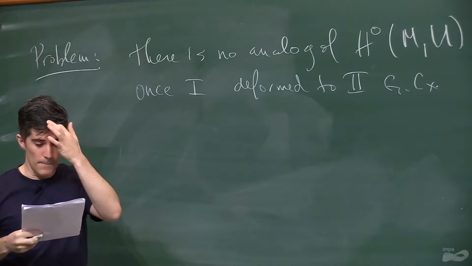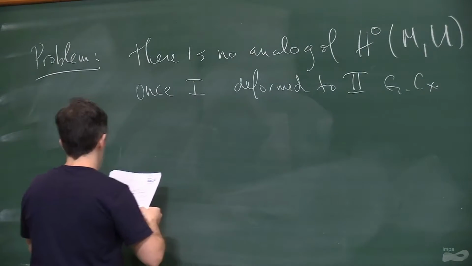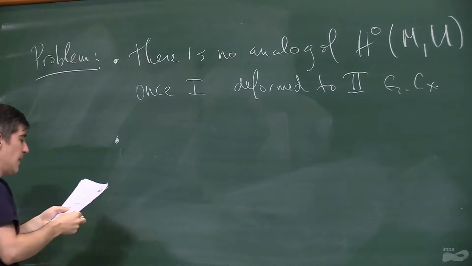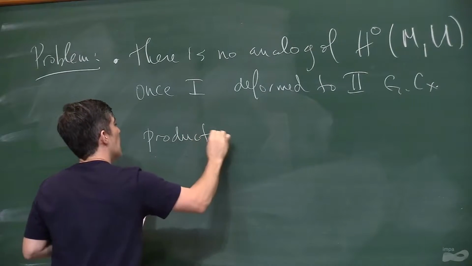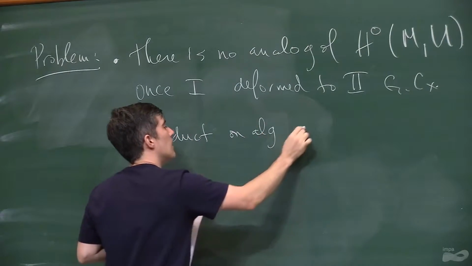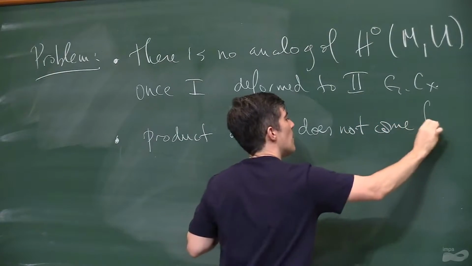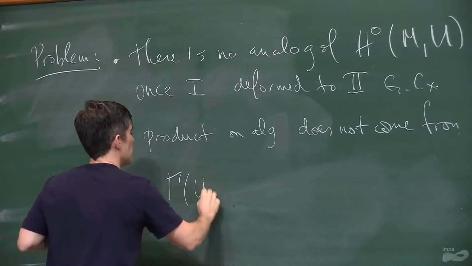That's one problem. And the other problem is that the product on the algebra does not come from the tensor product of sections.